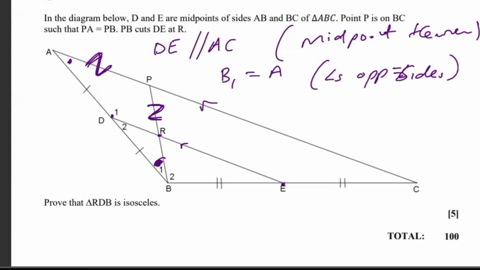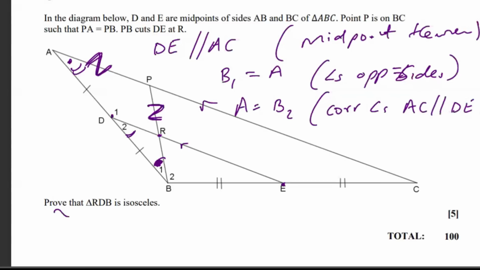But now since the lines are parallel, this angle A is the same as B2, because those are corresponding angles. Initially we said that AC is parallel to DE. So if that is true, then we've proved that B1 and B2 are the same. Remember, for us to prove that a triangle is isosceles, either the sides have to be equal to each other or the angles have to be equal.